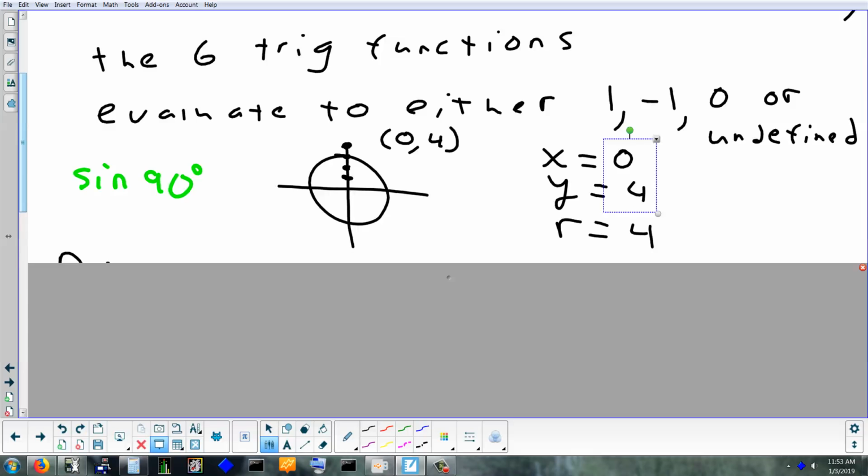When you divide by 0, what do you get? Undefined. Yep. So it wouldn't have mattered if you said, what if I called this 0, 5? It doesn't matter. It's just a bigger circle. It's all similar. These would both be 5s, and you'd get all the same answers. Maybe you want to use 1. Think of a unit circle. That might be the easiest way to do it.